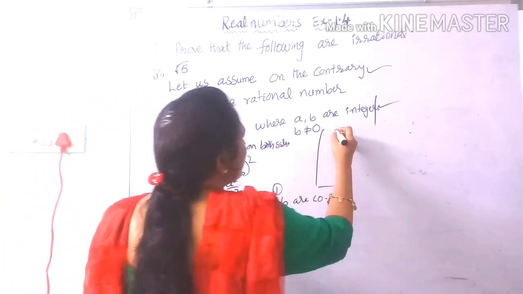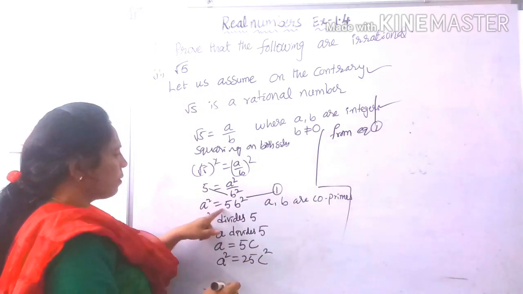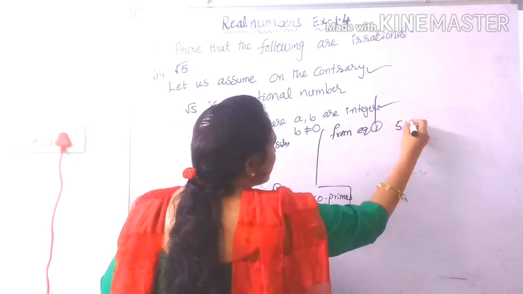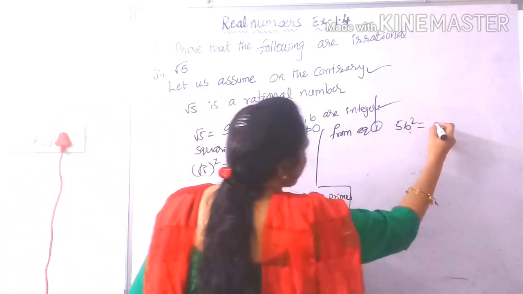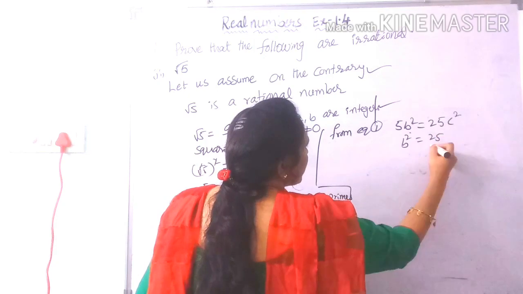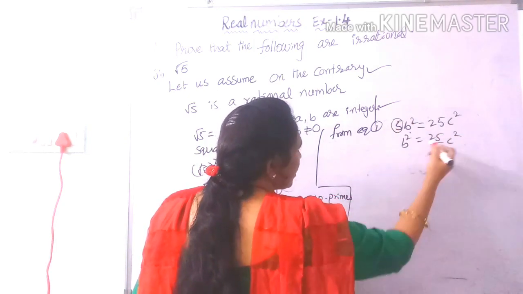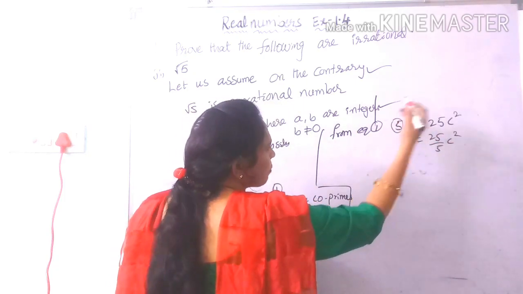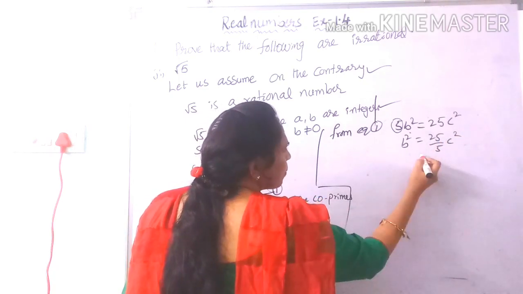From equation 1, what is equation 1? a square is equal to 5b square. Here 5b square is equal to a square, which is 25c square. So b square is equal to 25 by 5 c square. This 5 is taken to the right-hand side, so the symbol will change. It was the multiplication symbol, after going to the RHS it becomes divide.